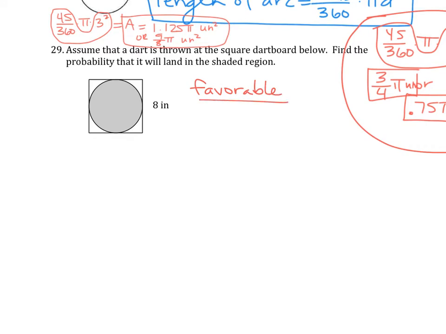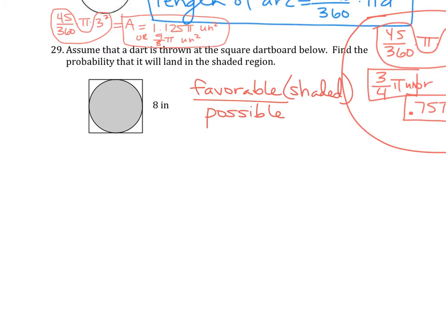Favorable over possible, right? So favorable is always the shaded. So basically you're saying shaded over total is one way to think of it. So how do I find the shaded region? What am I finding of the shaded region? The area.